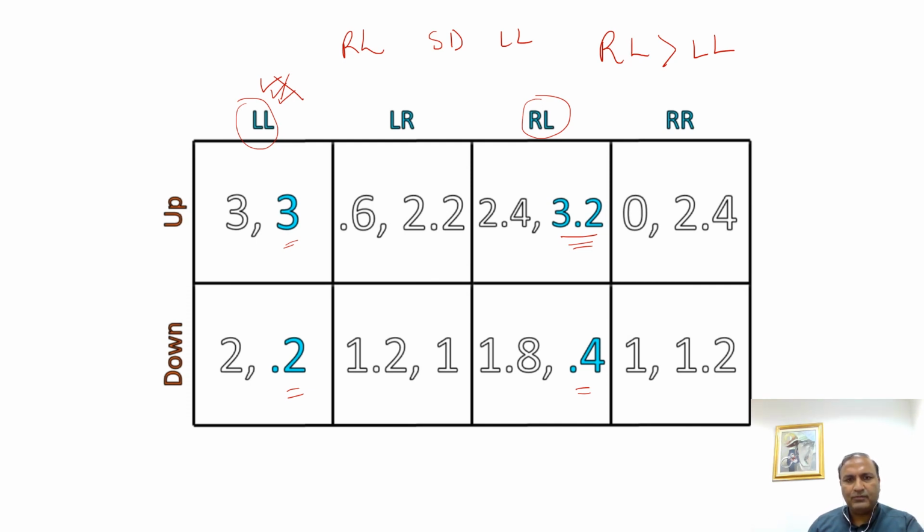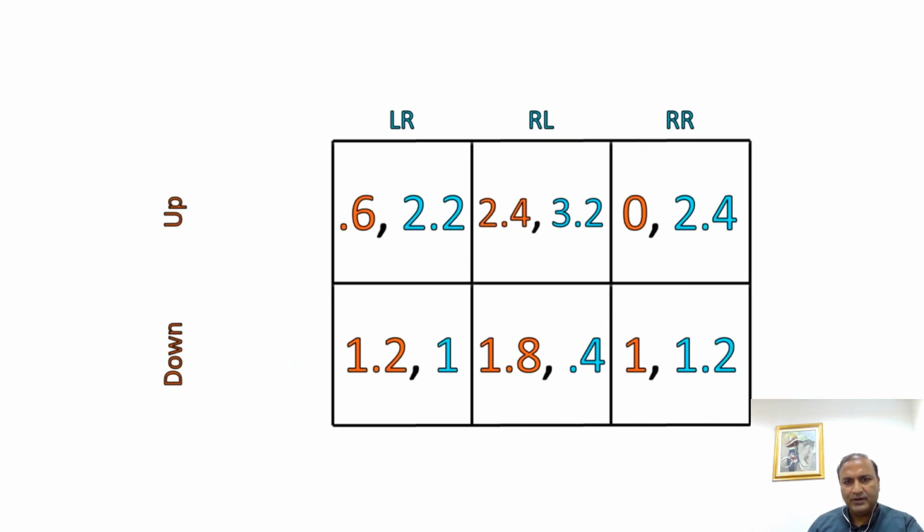If we do that, we get the reduced game. So we get this game here where we removed LL because LL is dominated by RL. Now we further investigate for player number 2. If you look at this strategy here, RR and LR, what do we see again? This number is bigger than this, and this number is bigger than this.